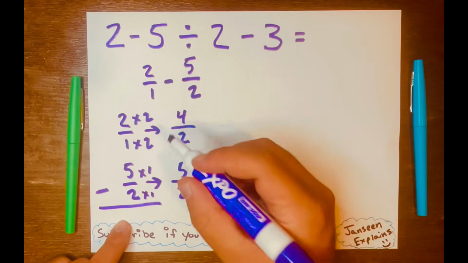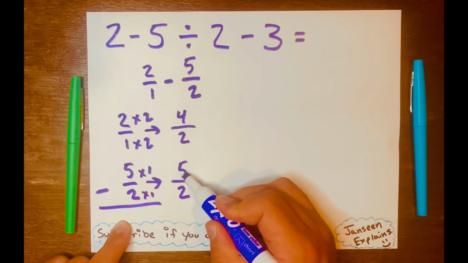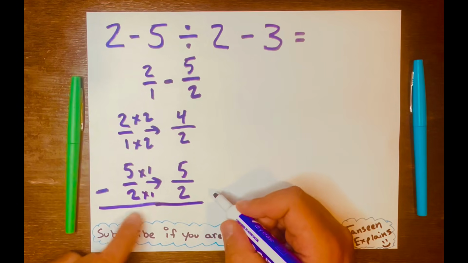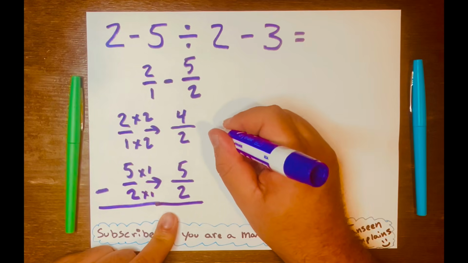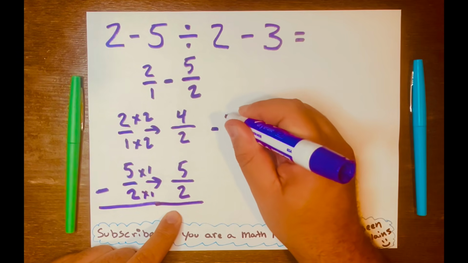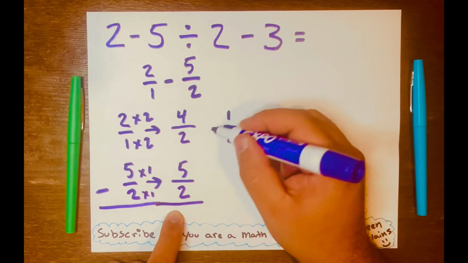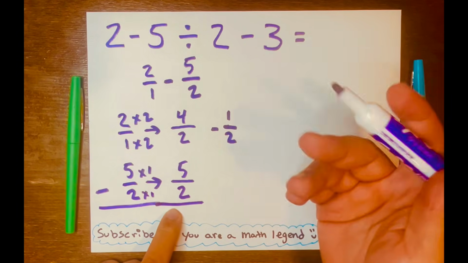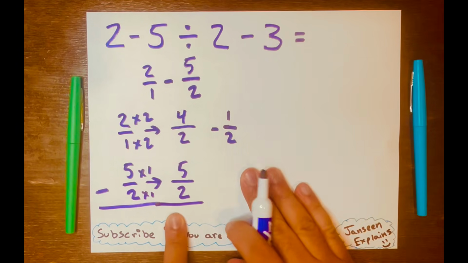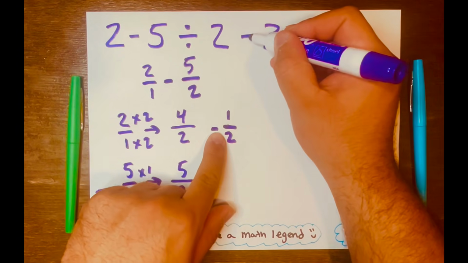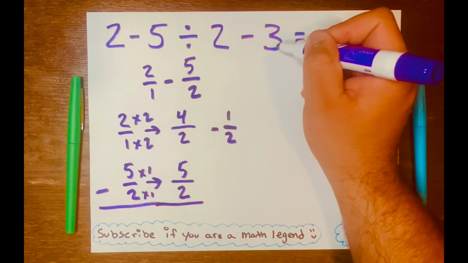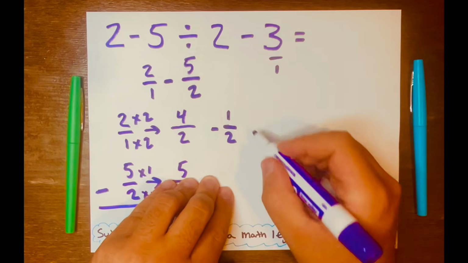And now we subtract. 4 minus 5 is, what is it? Negative 1 over 2. So now we have negative 1 over 2, or negative 0.5. Now, we're going to bring down this minus 3, and I want to turn this 3 into a fraction.